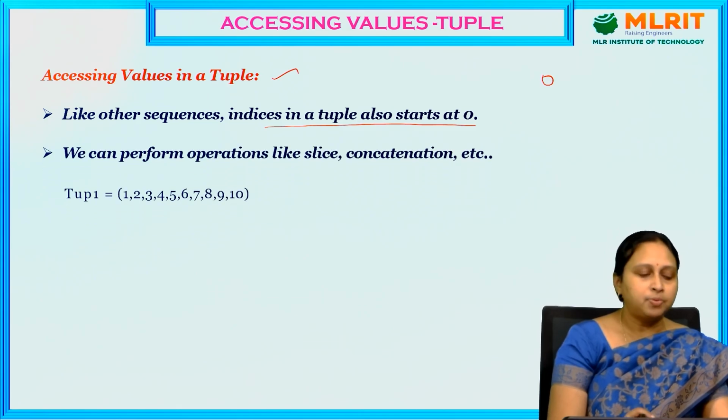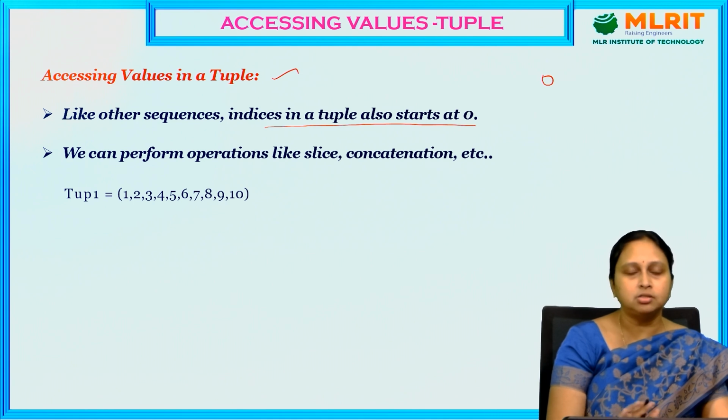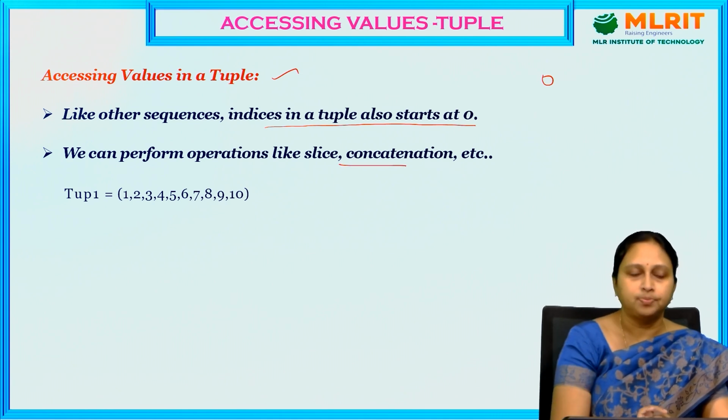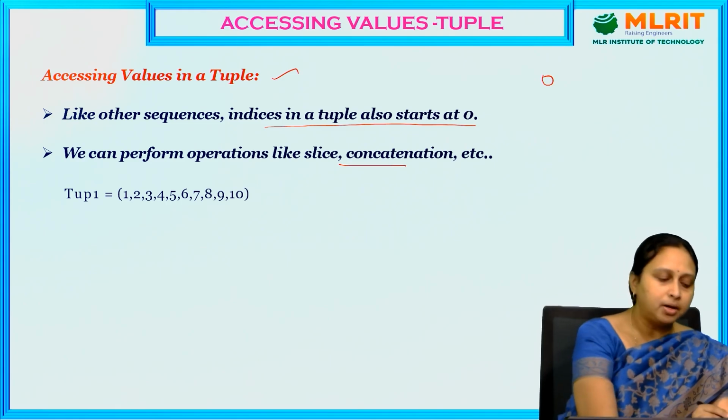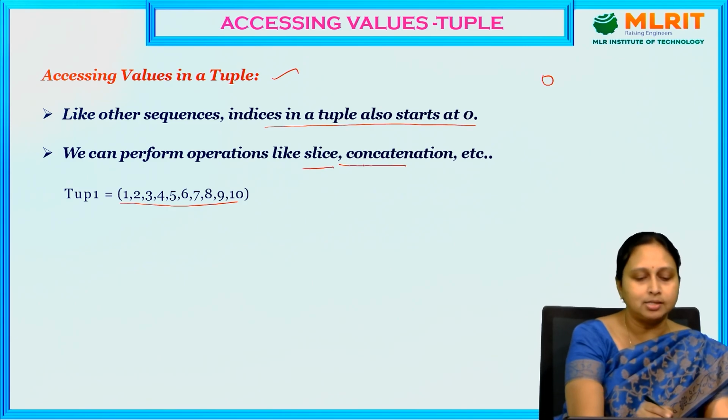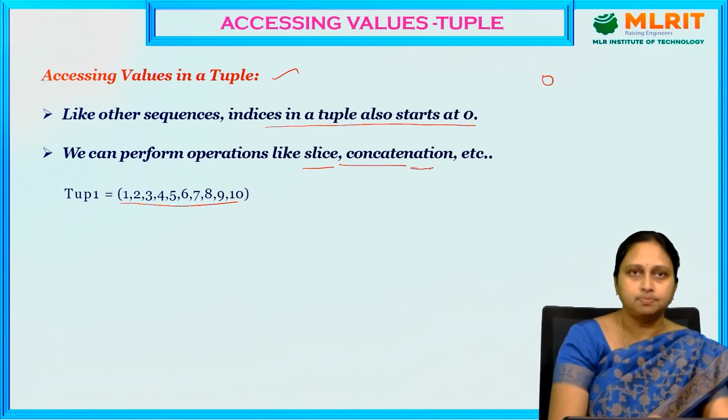Now, we can perform some operations like slicing and concatenation with tuples, as we have done with lists. This is a tuple where the elements 1 to 10 have been assigned. Now we are going to perform some operations like slicing and concatenation with the tuple.